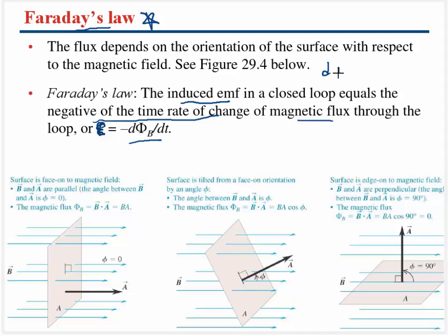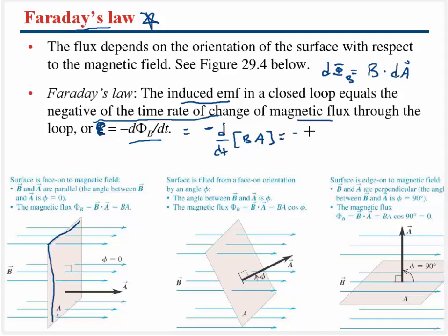Now keep in mind that the differential magnetic flux is equal to the magnetic field dotted with some tiny little bit of area. We could rewrite this as negative d/dt of the magnetic field multiplied by the area, if we're talking about some large amount of area like A.